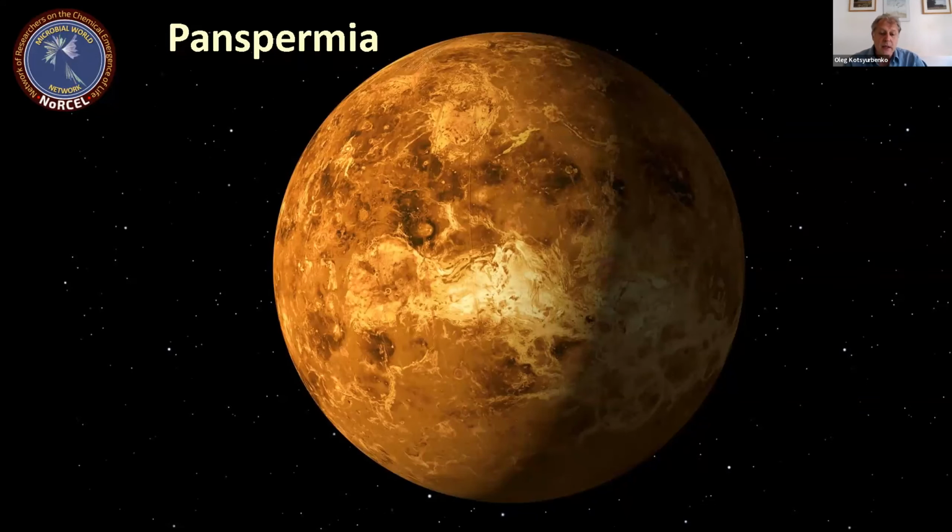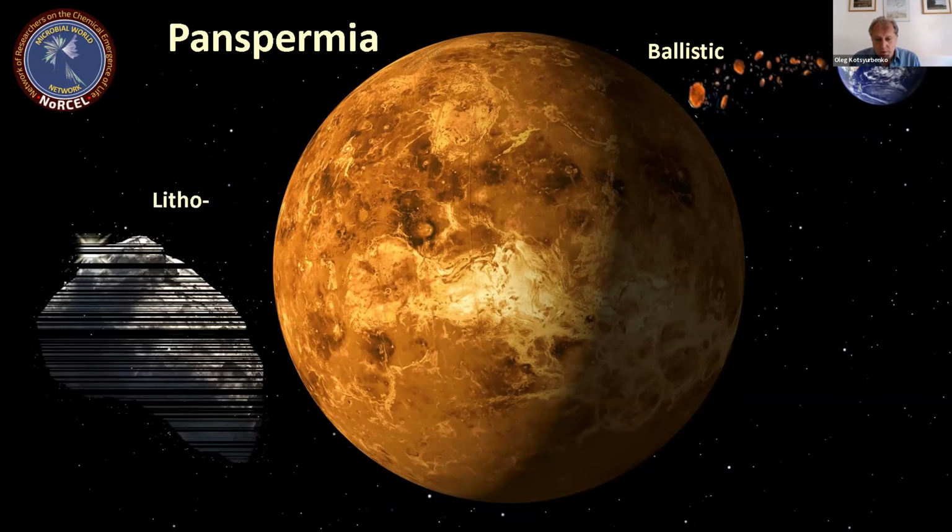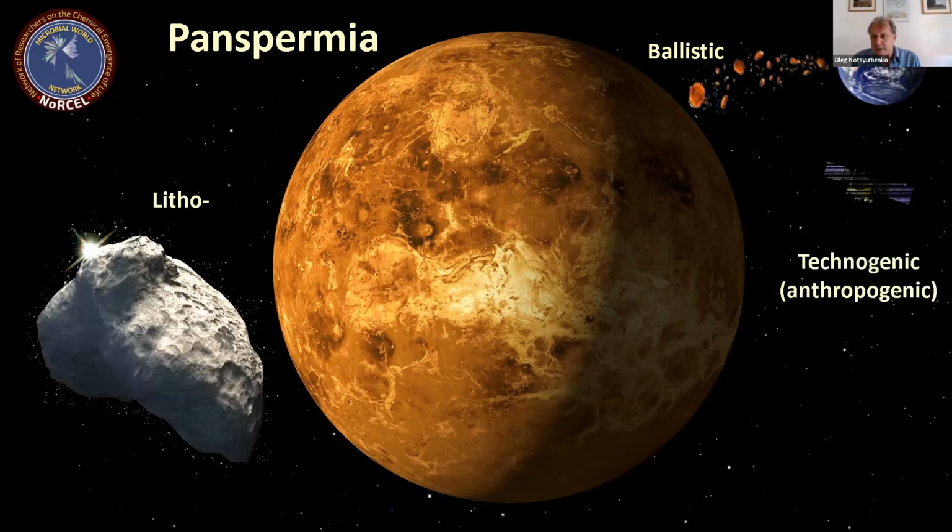Finally, life could have been brought into the clouds of Venus in the process of panspermia, either ballistic, for example, from Earth or from other planets of the solar system, or lithopanspermia, interstellar traveling of material, or technogenic.